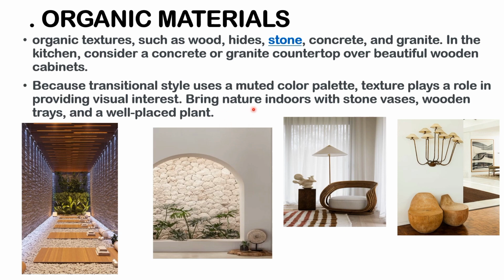Remember, bring nature indoors with stones. Okay, stones, stone vases, also pots, pottery, your wooden trays, and well-placed plants. So you can go with plants also. So these are the organic materials. You can add such organic materials which really add a natural look to your room.